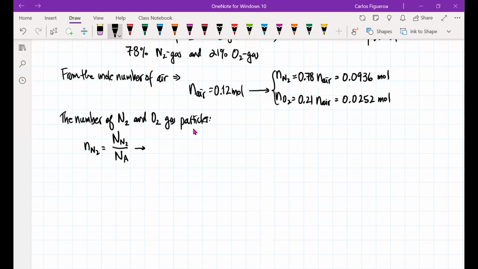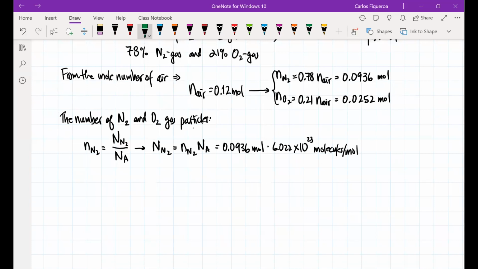So if I do the algebra and put in my numbers, this is 0.0936 mole times Avogadro's number, 6.022 times 10 to the 23 molecules per mole, and the moles cancel out.